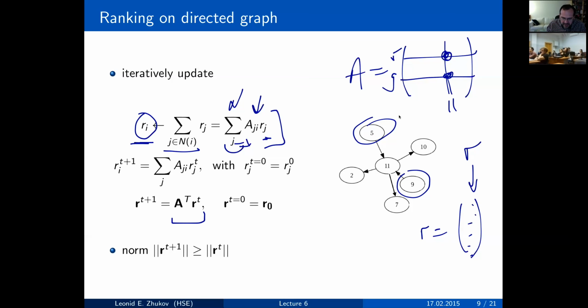We can start with some particular distribution of ranks over all the nodes, which means at time equal to 0, we assign certain ranks, certain values to each and every node. And then we start iterating, which means on every time step, we will update the value of the nodes based on the values of the nodes that are pointing to it.